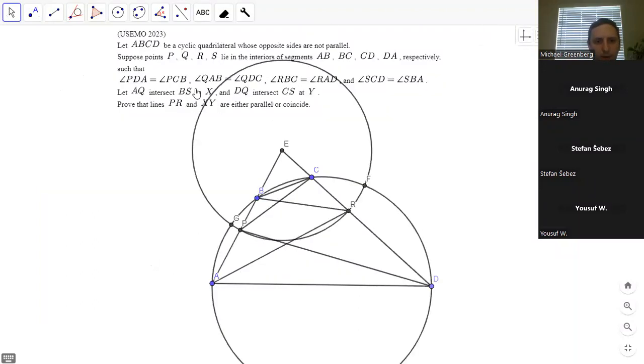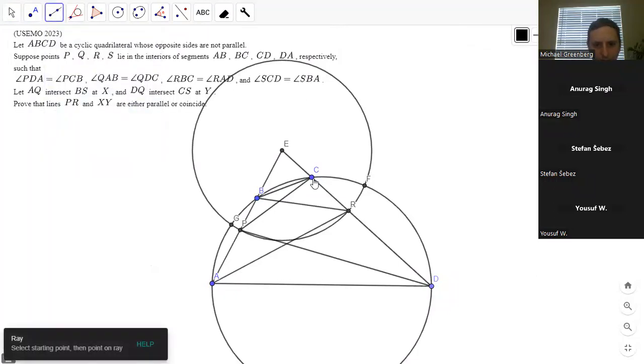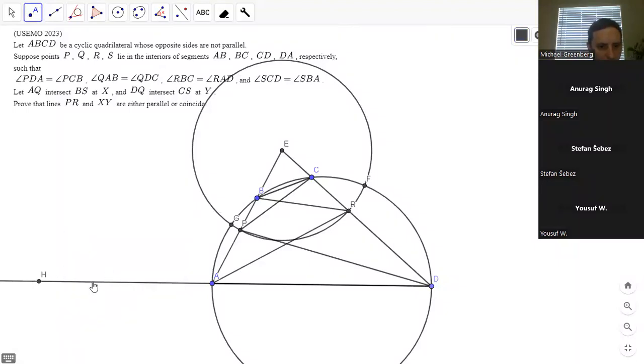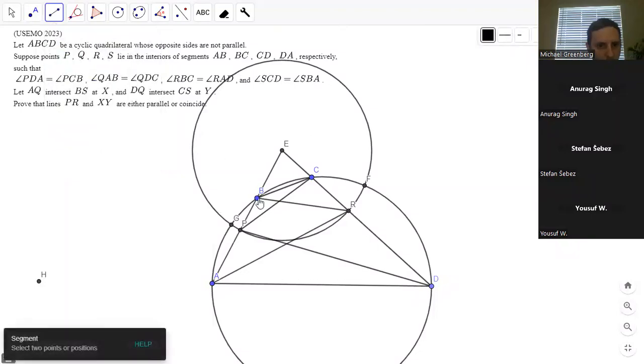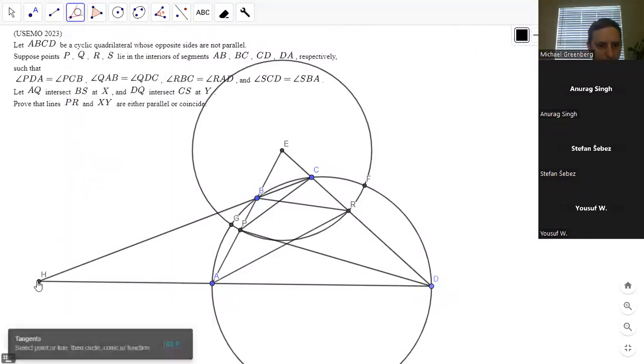I'd want to draw that. And I draw the tangents.